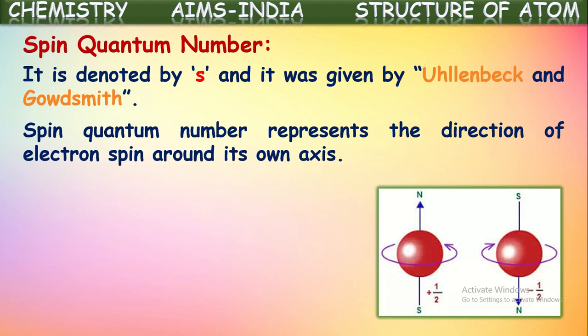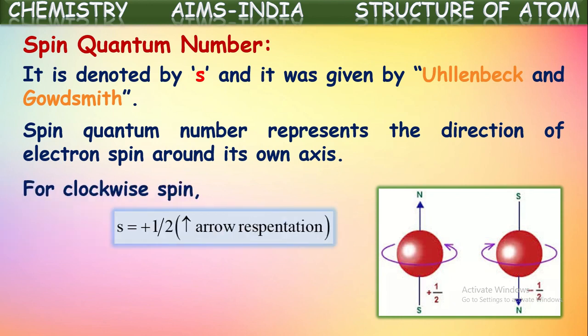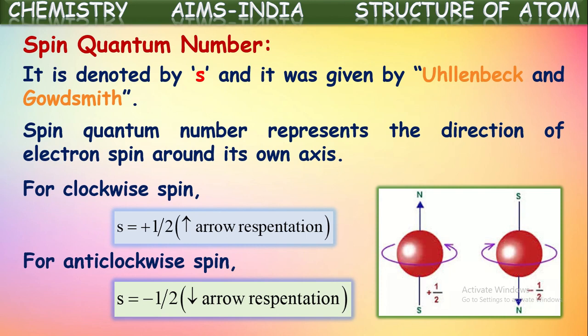For clockwise spin of the electron, it is represented with the upward arrow mark and its value is given as plus half. For anti-clockwise spin, the symbol is a downward arrow mark and its value is taken as minus half.